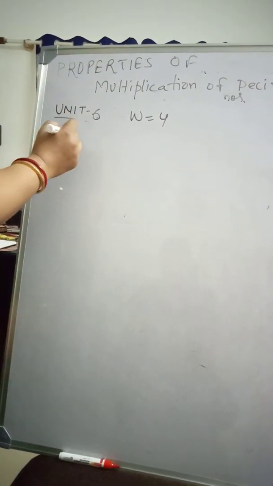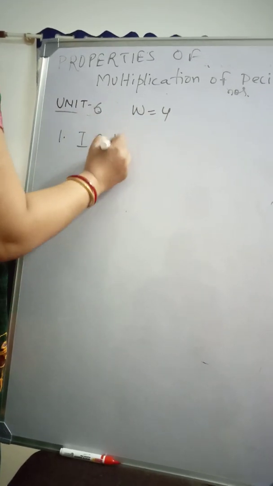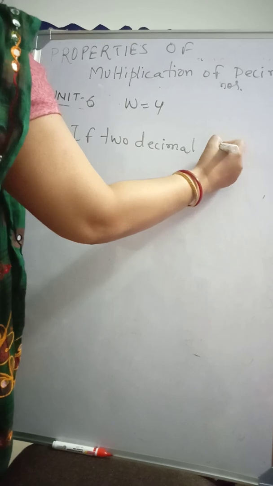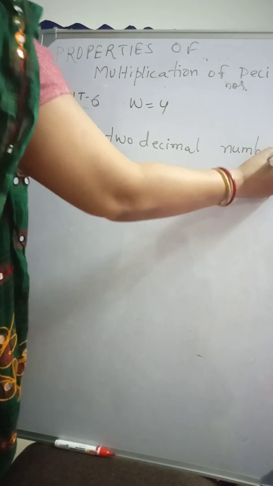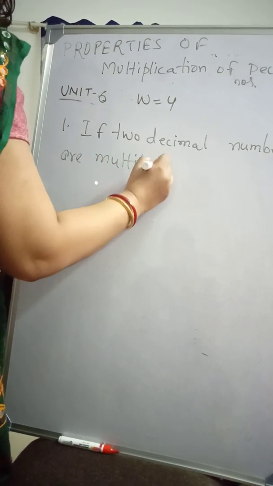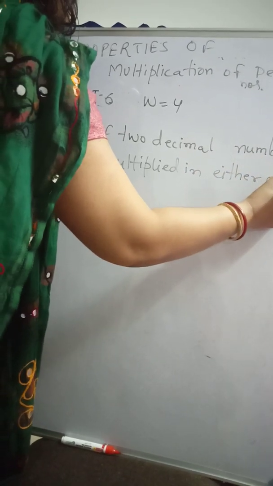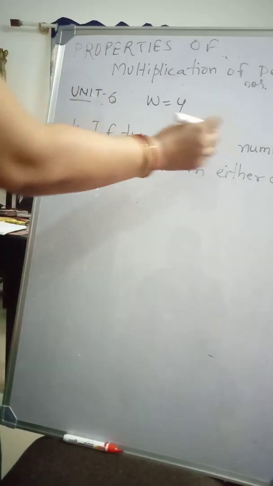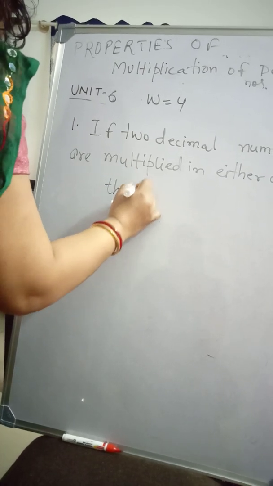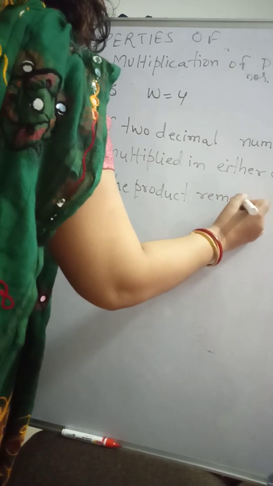First property. If two decimal numbers are multiplied in either order, the product remains the same.